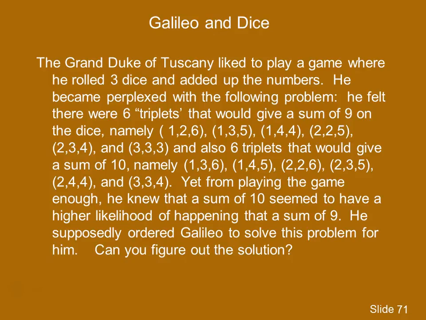But he played the game enough that he knew that a sum of 10 seemed to have a higher likelihood of happening than a sum of 9. And he supposedly ordered his official court mathematician, a person by the name of Galileo, that you probably remember in your science classes somewhere. Galileo was supposed to solve this problem for him. Can you figure out the solution?